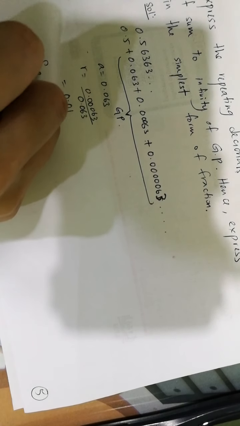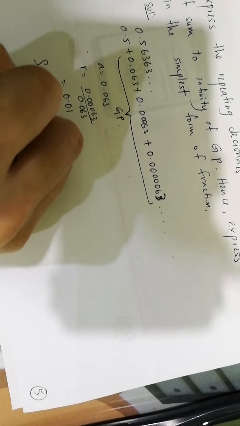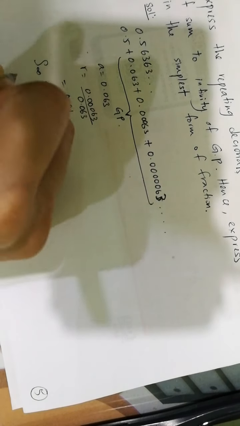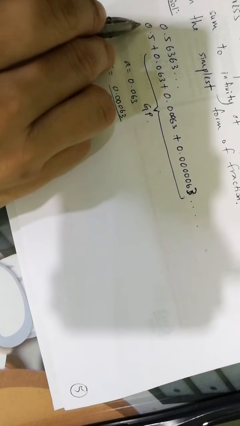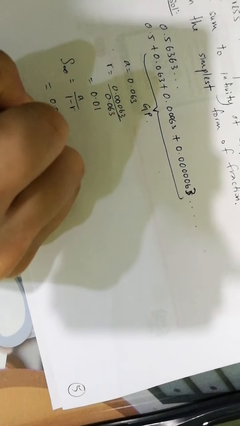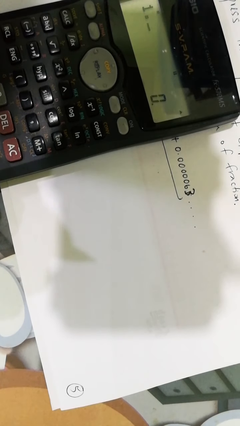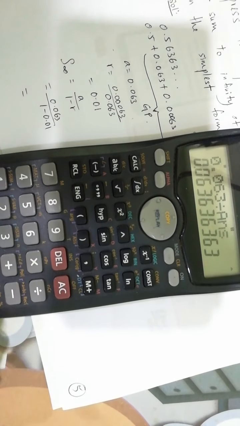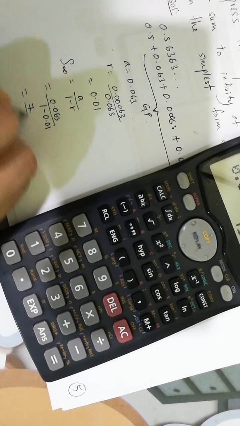So sum to infinity says a divided by 1 minus r. Here a is not 0.5, this part is the geometric progression, so a is 0.063, over 1 minus 0.01. Just use the calculator, no worry: 1 minus 0.01, then you get 0.063 divided by the answer, 7 over 110.